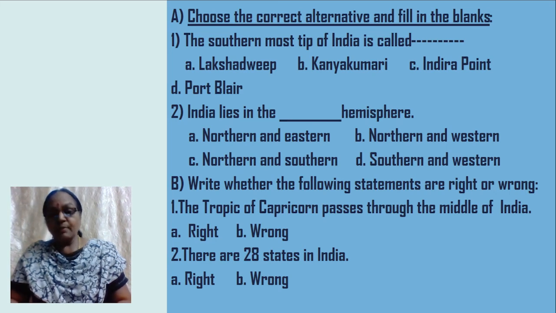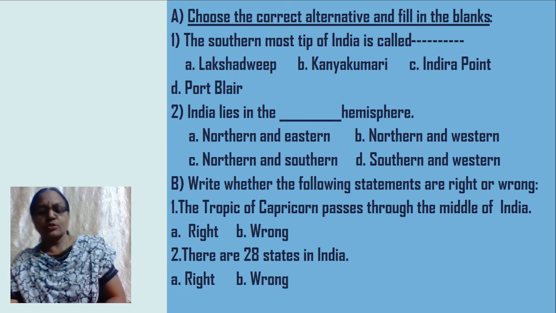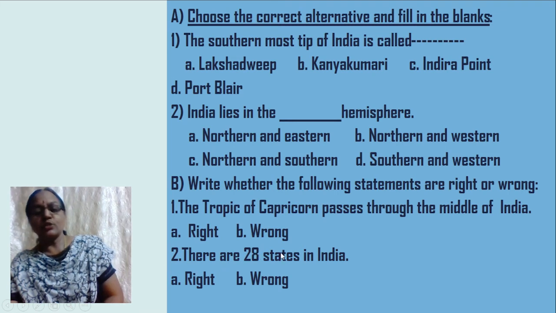I suppose you remember. We said it is the Tropic of Cancer. So this statement is wrong, and you are going to click wrong. Then, there are 28 states in India. Right or wrong? Yes, children, it is right.